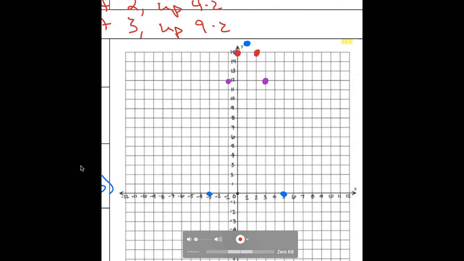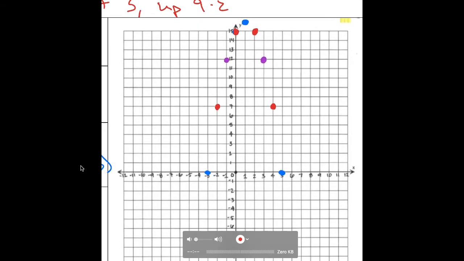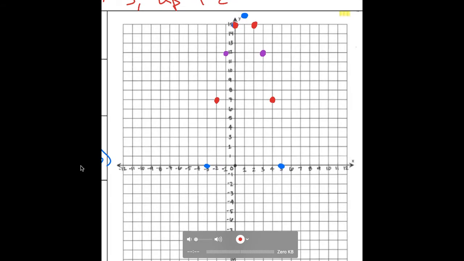Then from those points, it was negative 5 over 1. So I'm going to fall 5, run 1 to the left and to the right. From those new red points then, I just did 5. The next one would be negative 7, 1.